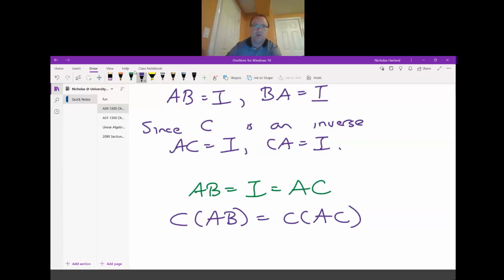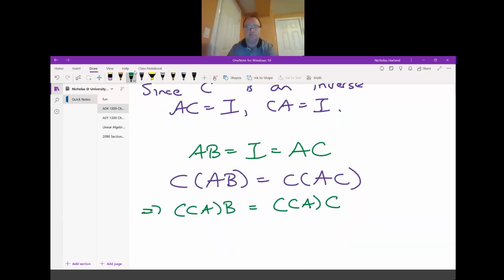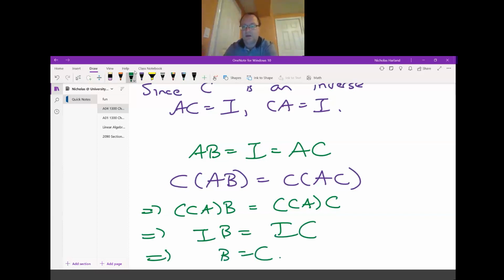We could have done the same thing with B. But I want to multiply C by A, and A is inside a bracket attached to the B. Can I just move the brackets around? Sure, absolutely. That is allowed, as long as you're not changing the order of multiplication. What's CA equal to? That's I times B is equal to I times C. And so B is equal to C.